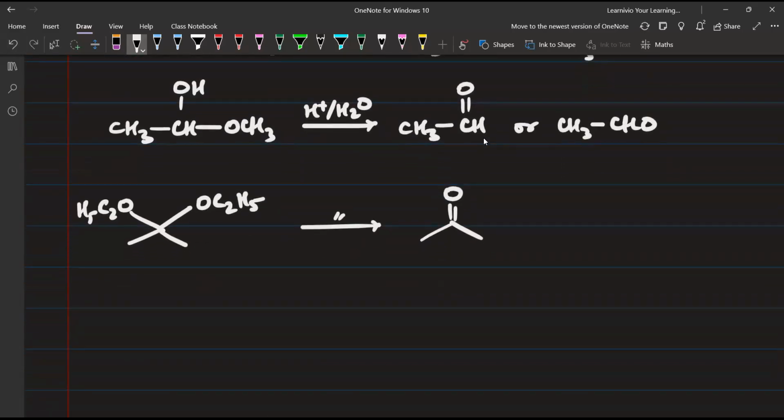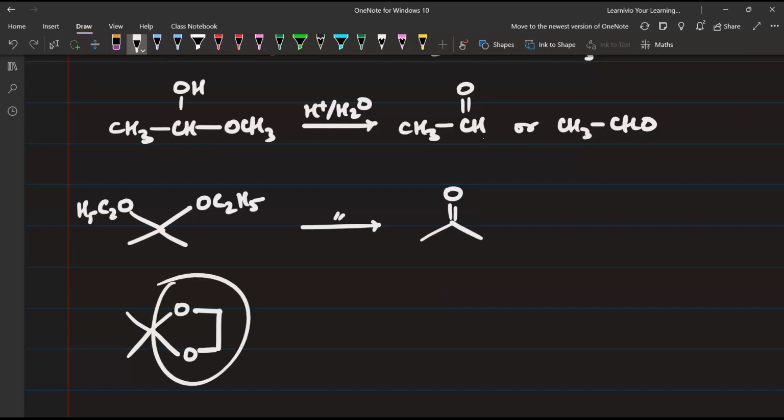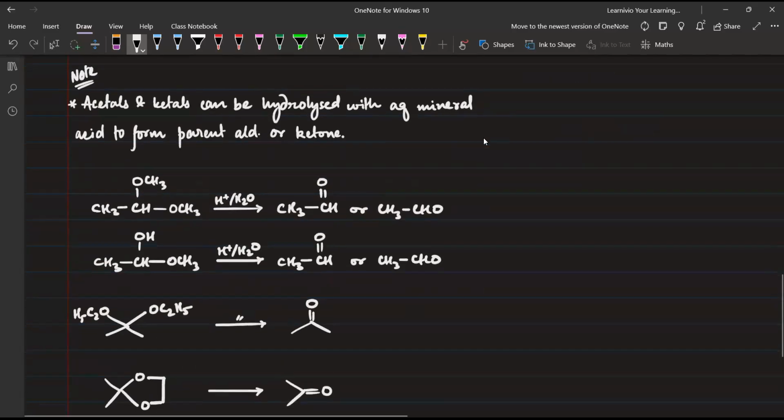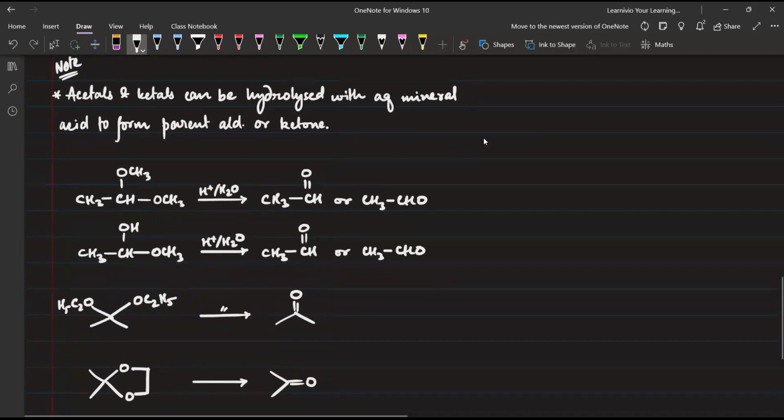And suppose you have something cyclic, basically this is CH2 and this is CH2. Remove this whole alkoxy part, and you'll be left with this much, with double bond O. This is basically acetone itself. Copy this down. Let me know if you understood this, yes or no. Sorry, Mariam and Taha. Yes, sir.